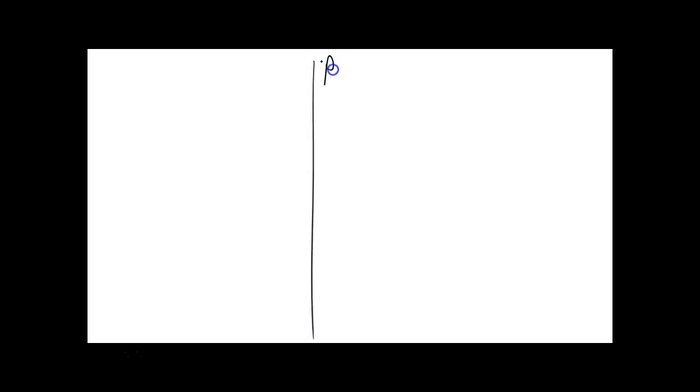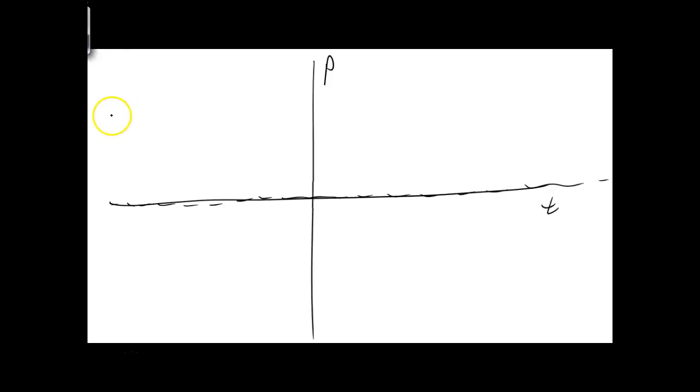Here's your p-axis. Here's your t-axis. Okay. And t is equal to 0 was one of those. You know, basically I've already done this, but not quite completely. Okay, this is one of your values you know already, and here's the other.